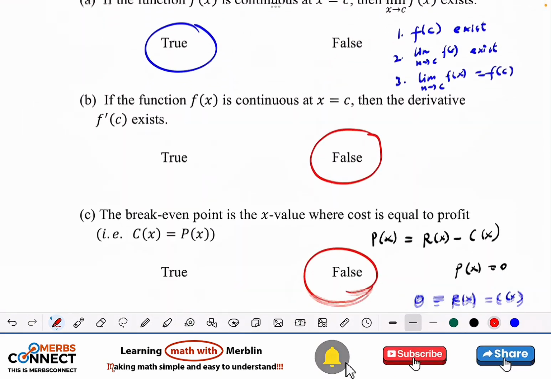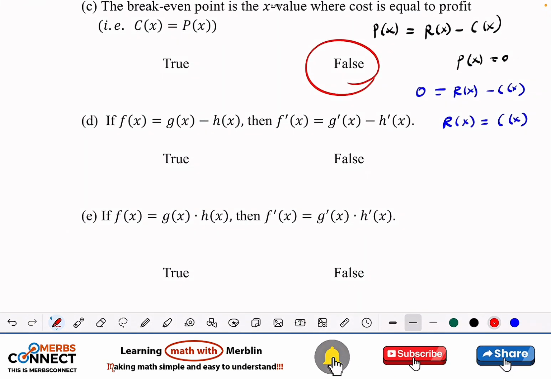Interesting. Let's look at D. Now, if f of x is equal to g of x minus h of x, then this is the same as this. Is that true? Yes, of course, this is true. This is the property of differentiation.